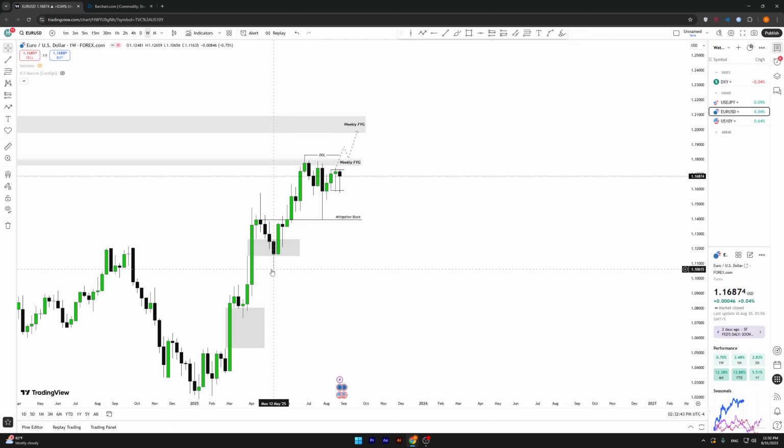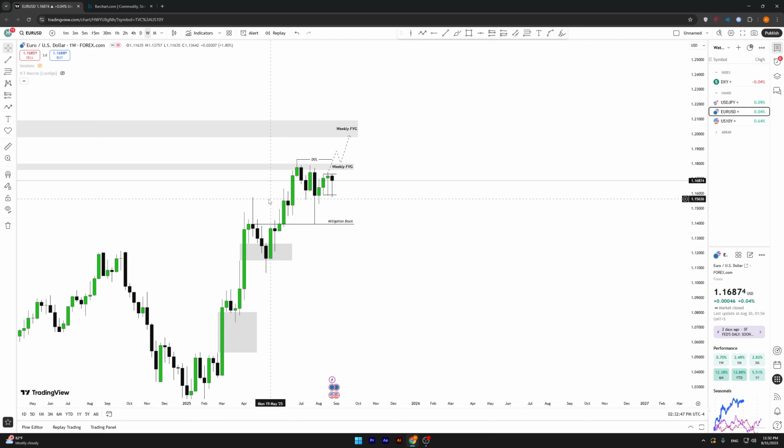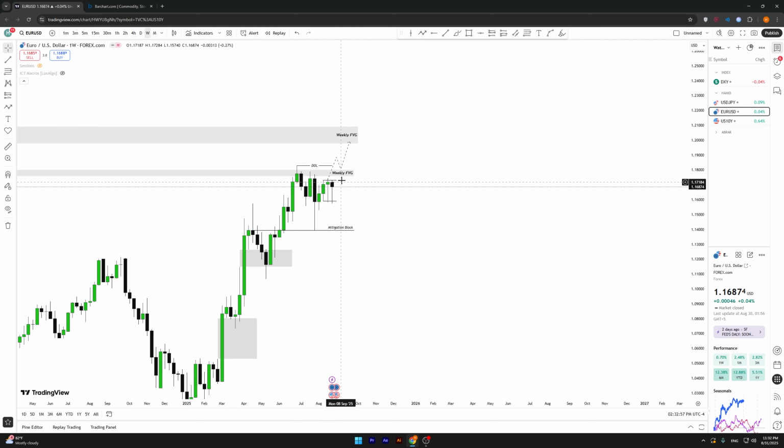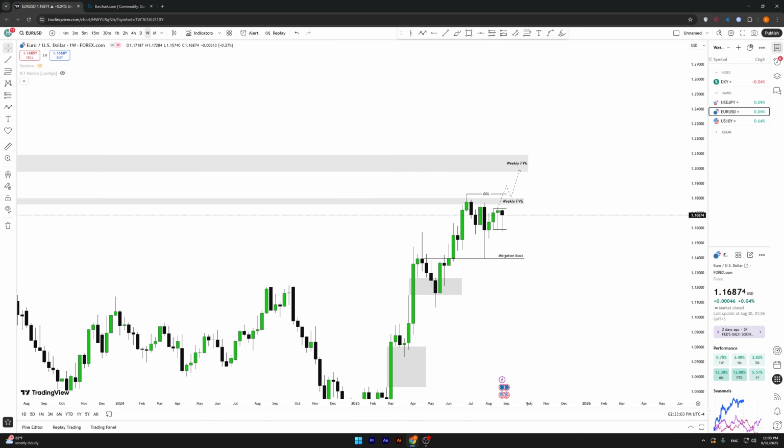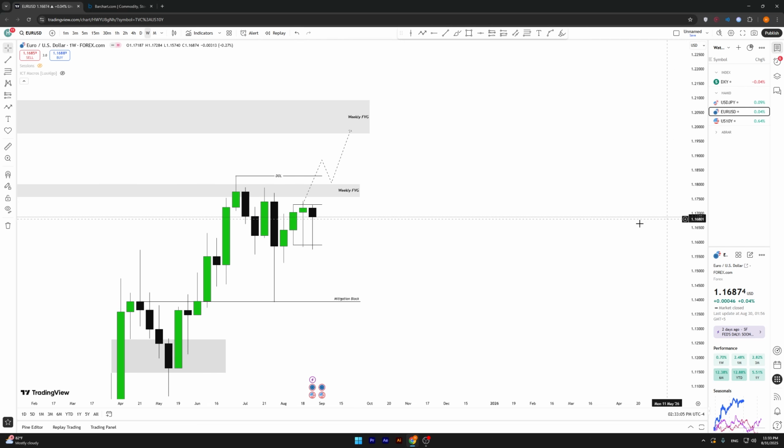Again price dropped to the IRL and then broke through the ERL, and now price again dropped to the IRL, which is a mitigation block and this swing, and now price is moving to the ERL, which is the old high.